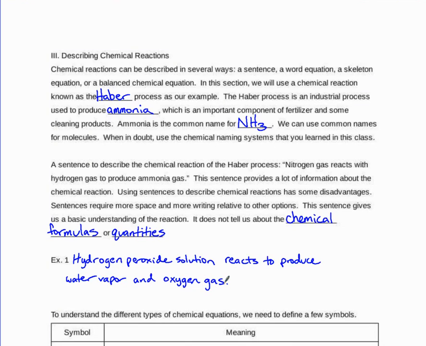Oxygen is a gas, and it's called a gas. Water is a gas, and it's called a vapor. And really it has to do with what its state of matter normally is at room temperature. Water is generally a liquid at room temperature, and so if it's a gas at room temperature, it's considered a vapor. Short version.